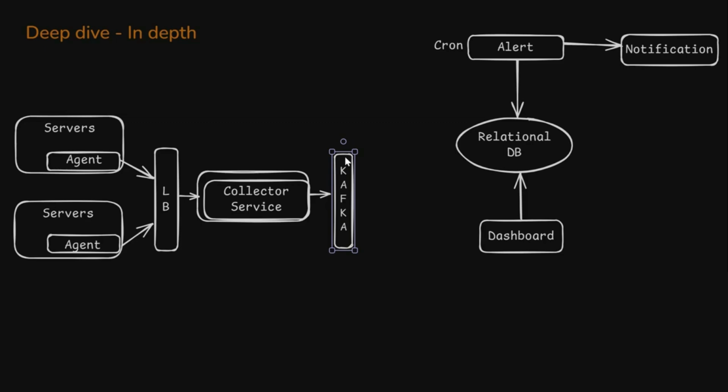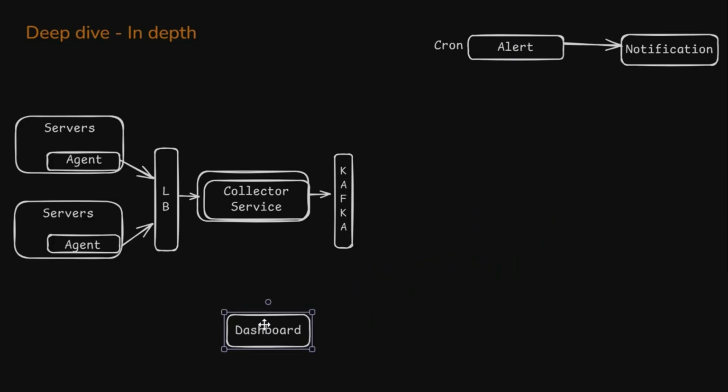And for sure, we don't need this relational DB because it is not tuned for write-heavy workloads. Also, it is not good for querying large ranges. So let's delete this and this, and move this dashboard to the bottom right now.